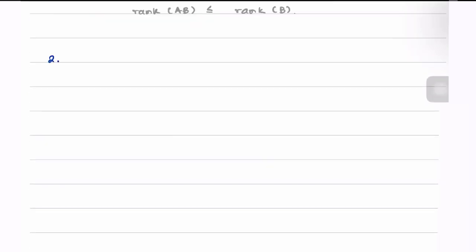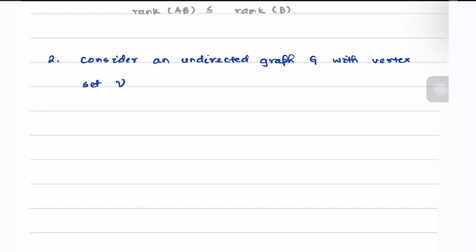The second one says that, consider an undirected graph G with vertex set denoted as V. Suppose V is equal to V1 to Vn.